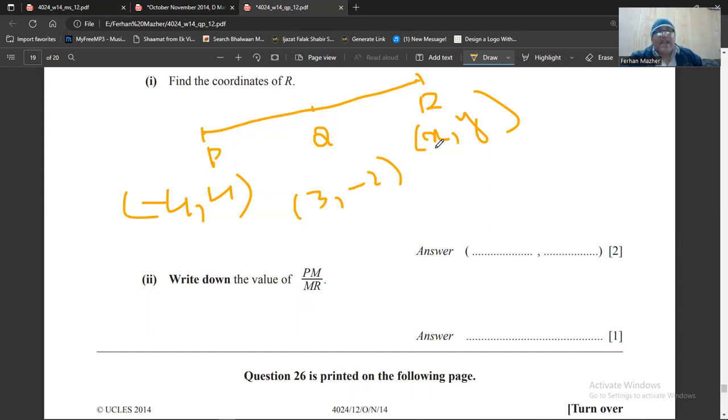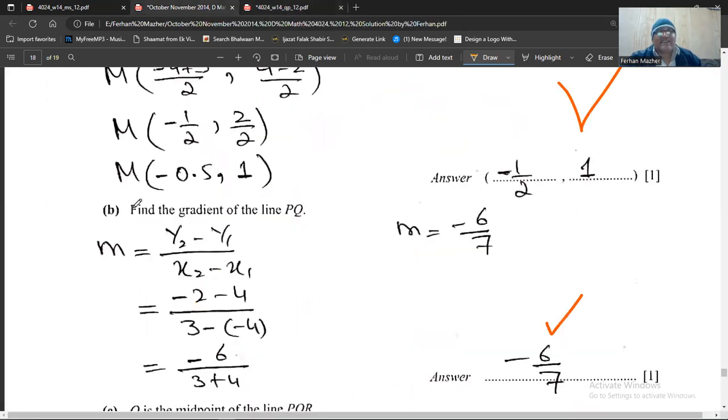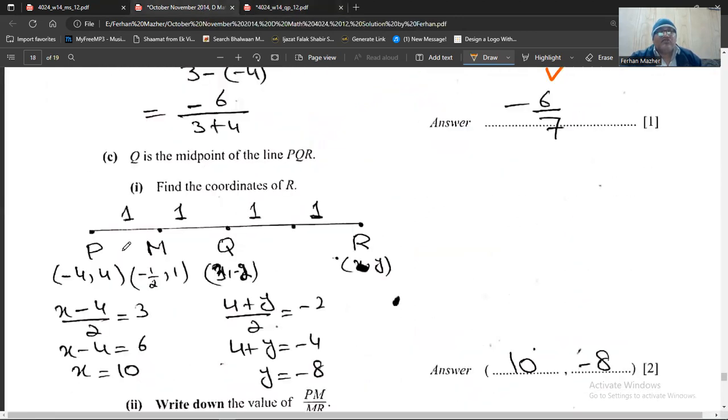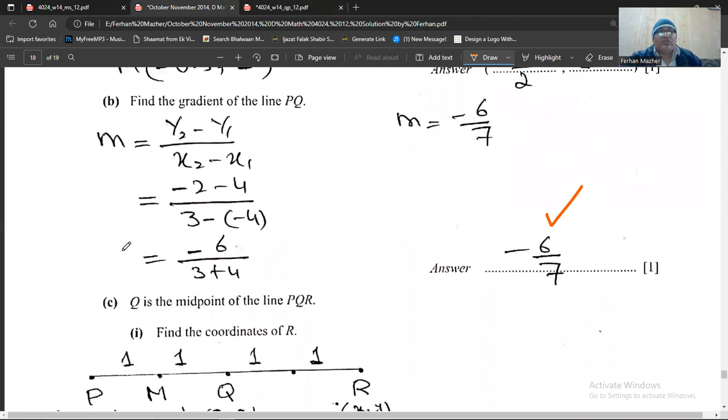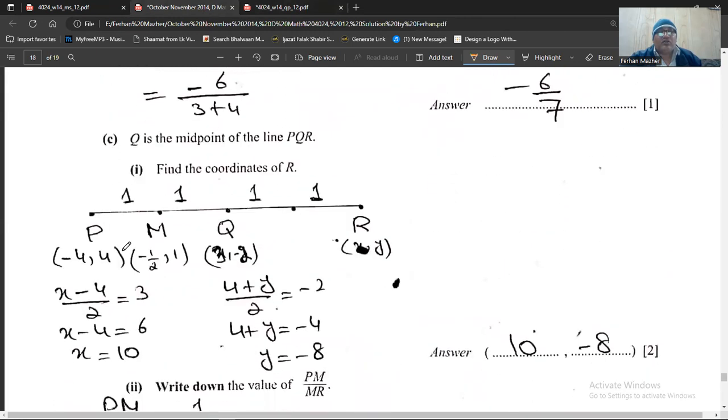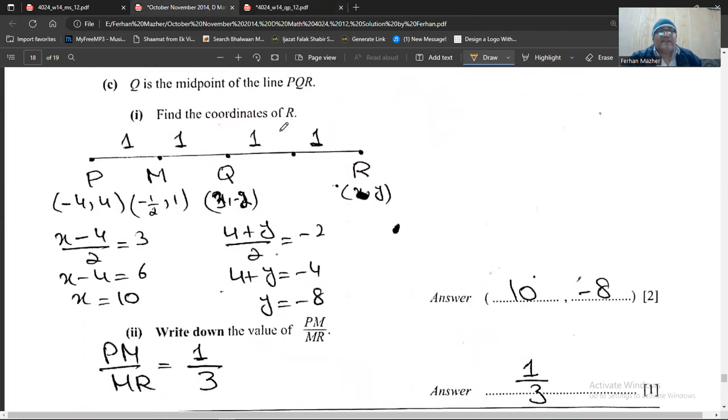So it will be x minus 4 divided by 2 equals 3. Y plus 4, the whole thing divided by 2, equals -2. That's the strategy how you do this. So you can see here I have drawn that. Okay. So x minus 4 divided by 2 equals 3.